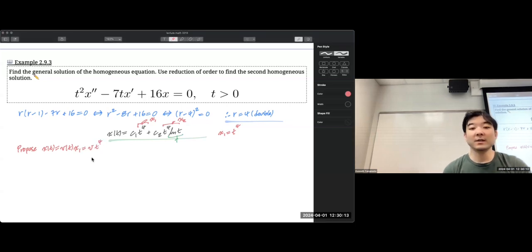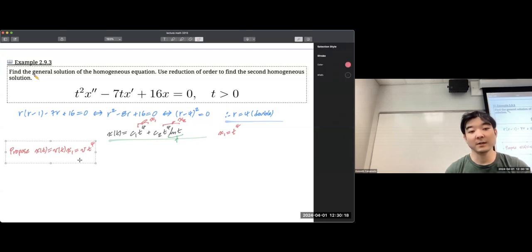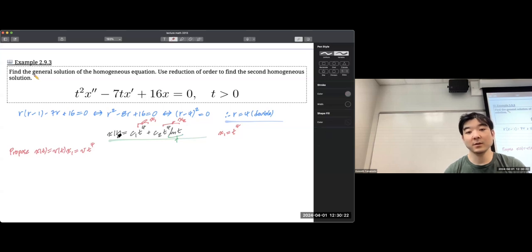We're going to plug this in and find the v as a function of t that will force this to satisfy the differential equation. So you're going to have to compute a second derivative and a first derivative. So we'll just do x prime. This is going to be 4 v t to the 3.